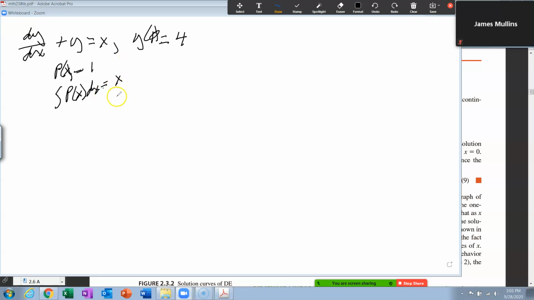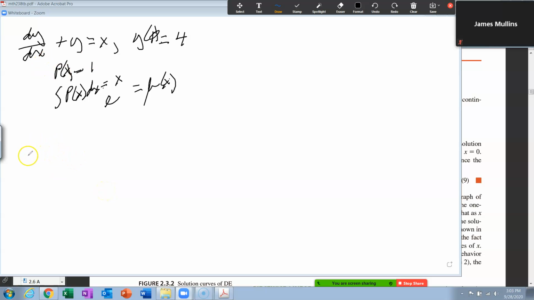We just go with the numeric part. Well, what do we do with that? We raise it to the e. So e to the x becomes our integrating factor, mu of x. Okay? And what do we do with that? We multiply that by everything on both sides of the equation.